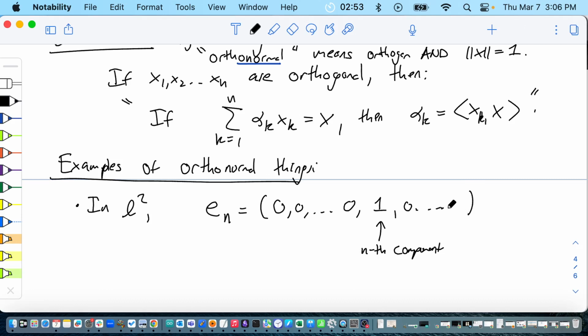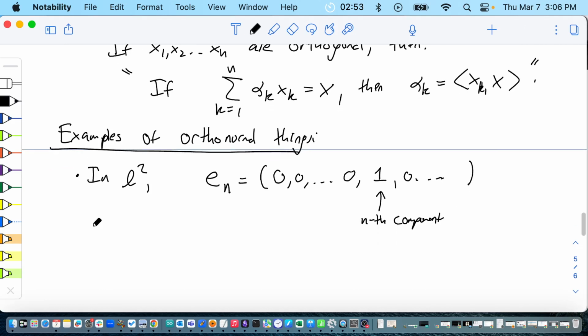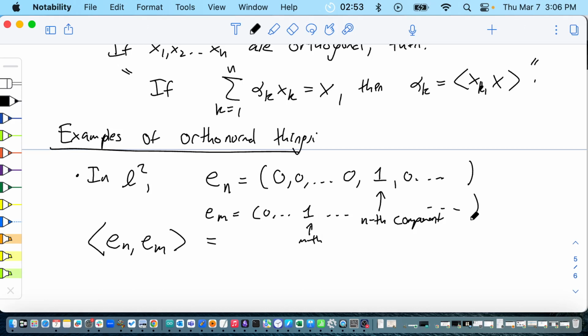That's e_n. And if you look at them, what is the inner product of e_n with e_m? Well, the inner product says you add up the products of all the components. So bring over some other e_m, which is going to have all zeros, and then a 1 in the mth component, and zeros everywhere else. What happens when you multiply the entries of e_n with e_m?